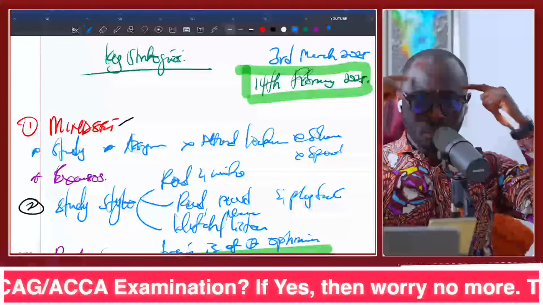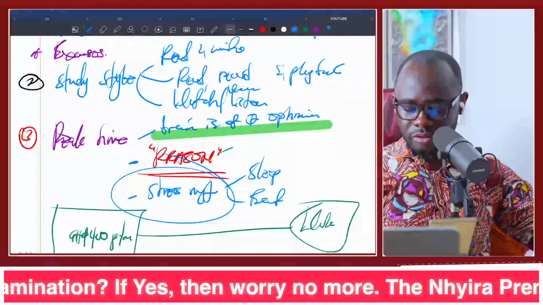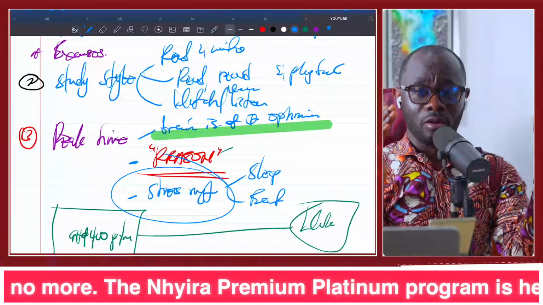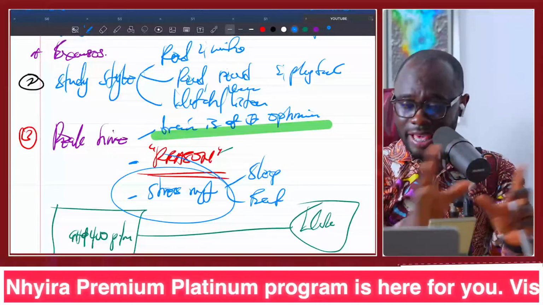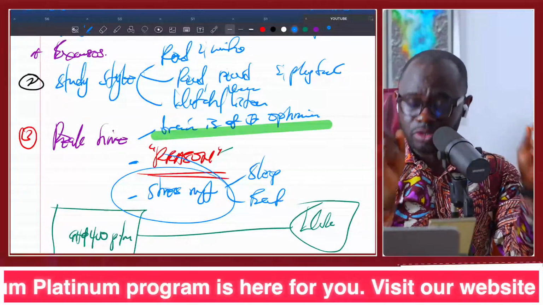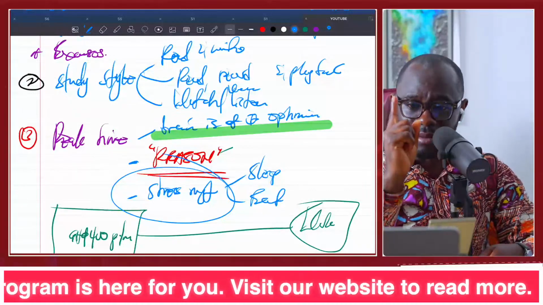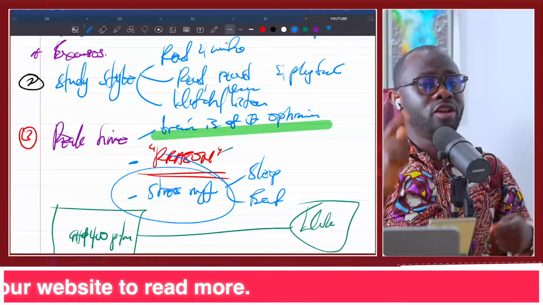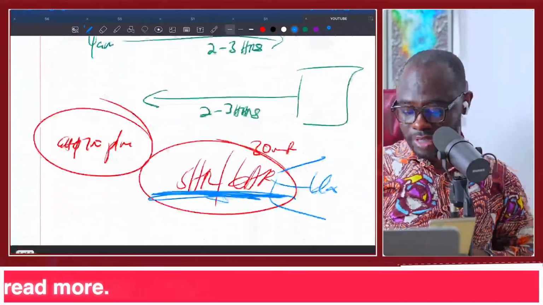So your mindset about the exam is very critical. Know your study style. That is very important. Identify your peak time. Very important. I cannot overemphasize the importance of that. Identify your peak time and study during that time, because that is going to play a key role in your ability to become successful as an individual.